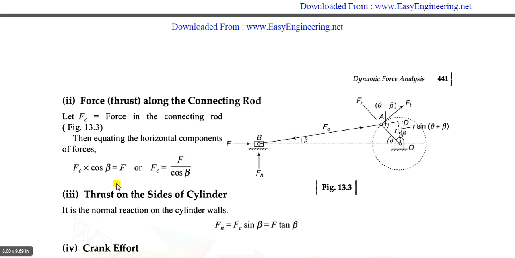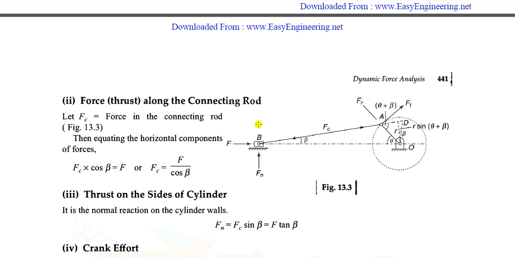In the same way, the thrust on the sides of the cylinder. This is the cylinder wall. The thrust force acting on the cylinder wall, or normal force acting on the cylinder wall, is called the thrust on the sides of the cylinder. How will you calculate it? We take the sine component of Fc, which is equivalent to Fn, because if it is Fc, this component will be Fc cos beta and this component will be Fc sin beta.